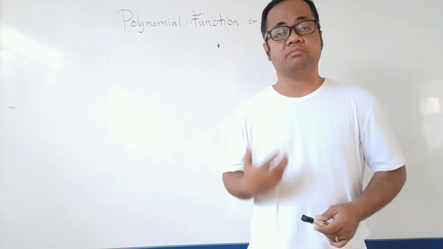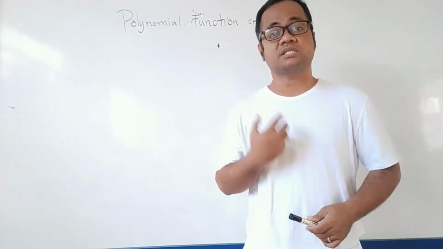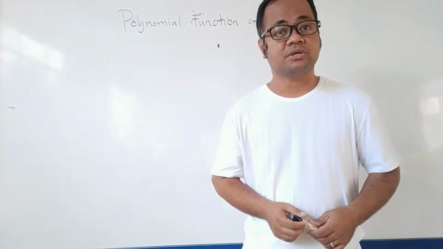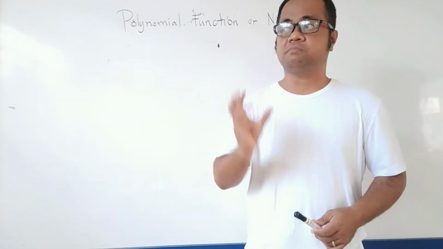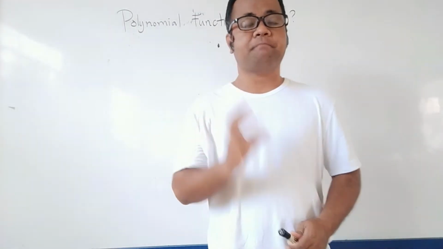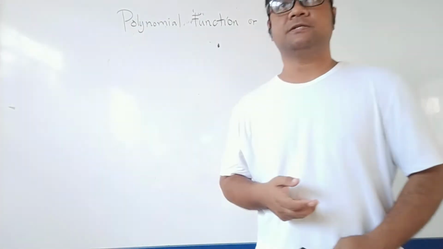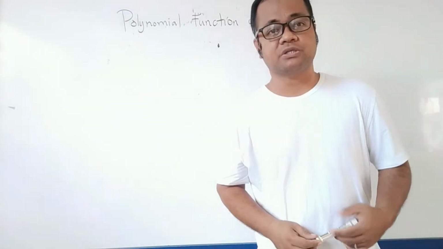Okay? A whole number. Even 0 is a whole number. So, you just simply look at the exponent. If the exponent of the variable contains a positive whole number, meaning to say that it is a polynomial function.